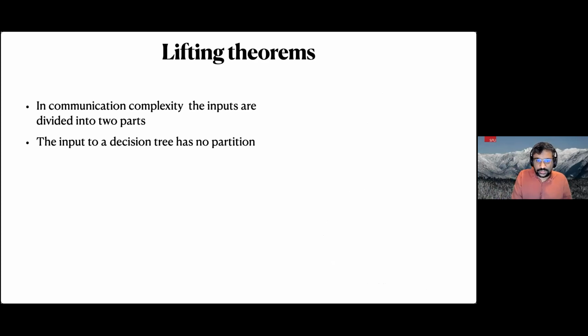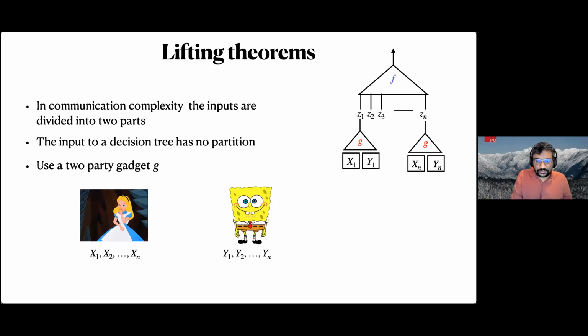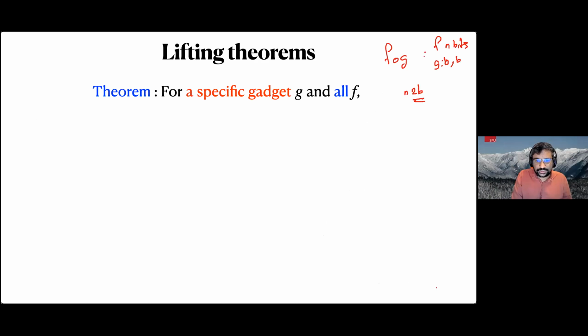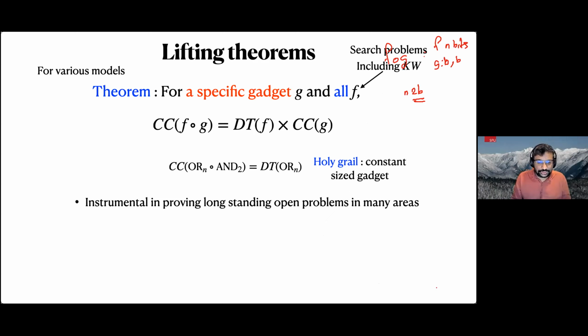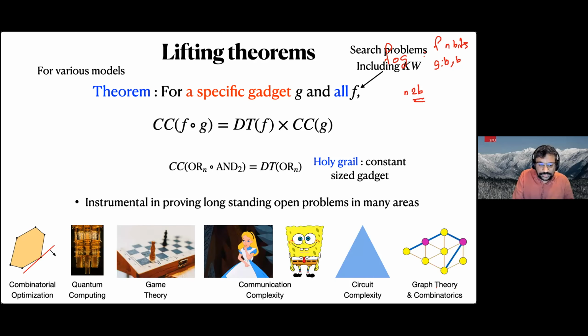So that combined with such a constant gadget lifting theorem would give us that the communication complexity is almost omega n. And because of applications of communication complexity in many other areas, lifting theorems have been able to solve many long-standing open problems in a large set of sub-areas of theoretical computer science.